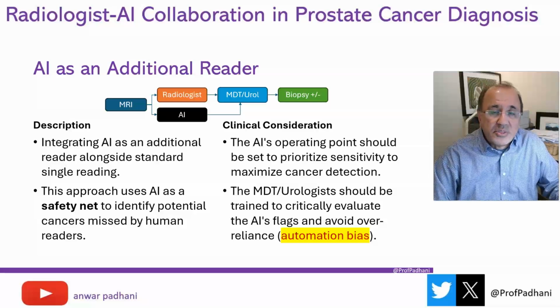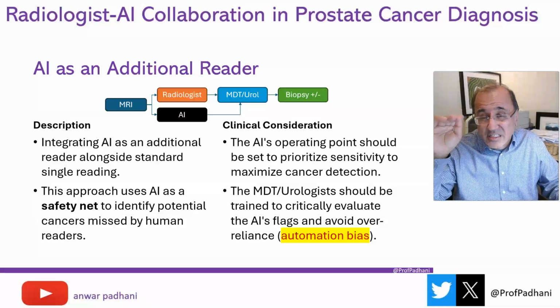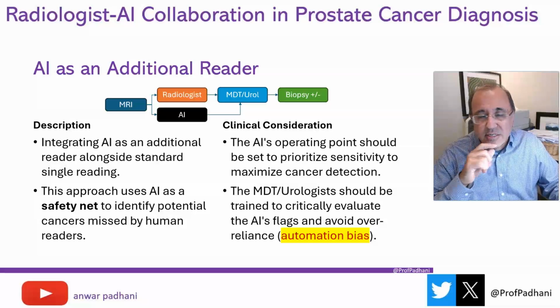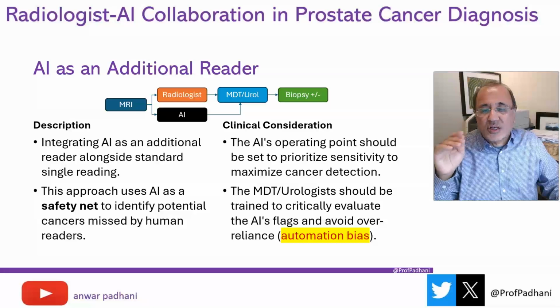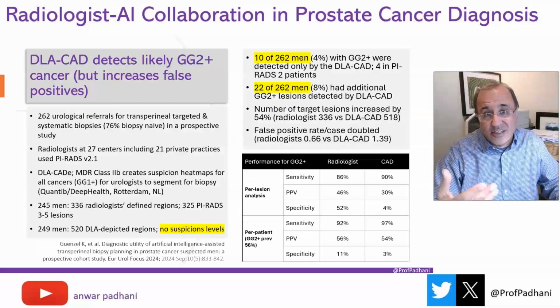In this instance, the AI's sensitivity should be set higher for the MDT to consider with the radiological input also occurring. But it's important for the MDT or the biopsying urologist to critically consider the fact that the sensitivity has been set higher, because there may be an MDT automation bias, and I just wanted to illustrate that next.